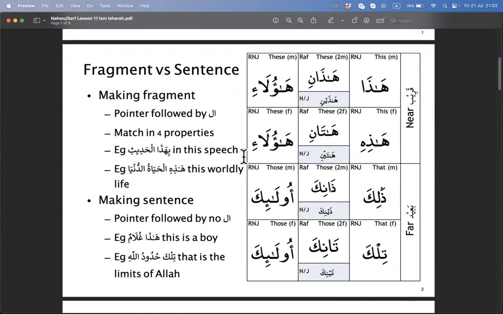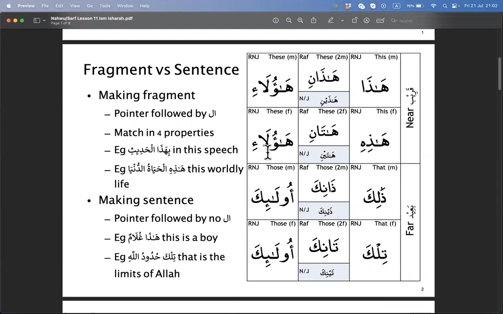All these are near. So hadha, masculine one. Hadhani, masculine two. Haula, masculine plural. Hadhi is the feminine version. Then we have hatani, and haulai is the feminine plural. So basically the feminine and masculine plural are the same.